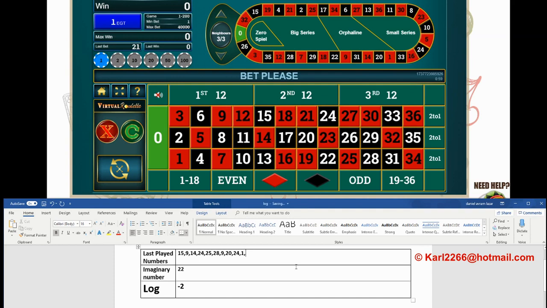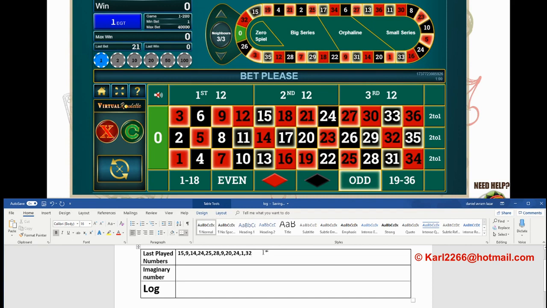After 1 we got number 32, and that means the roulette did 24 plus 1, which is 25, and terminal from 25 is 32. So we do also the same.